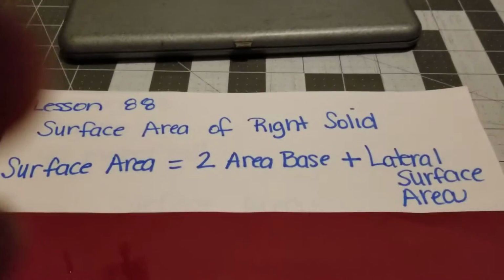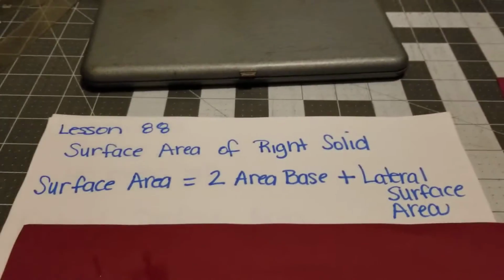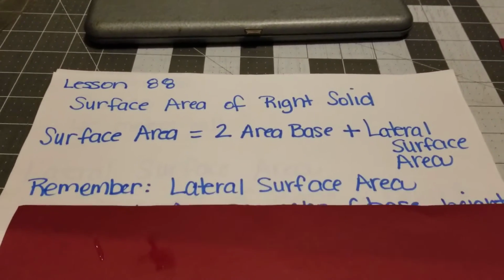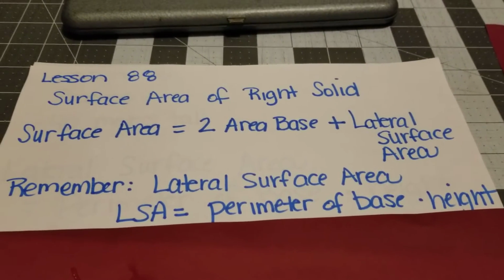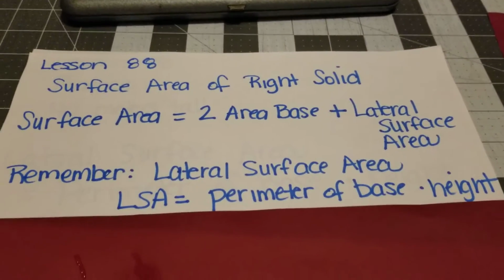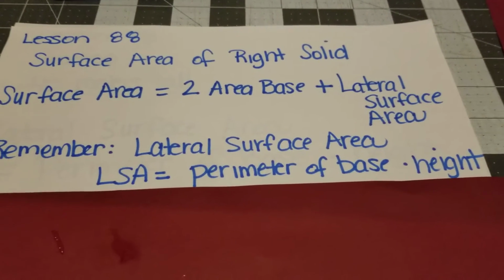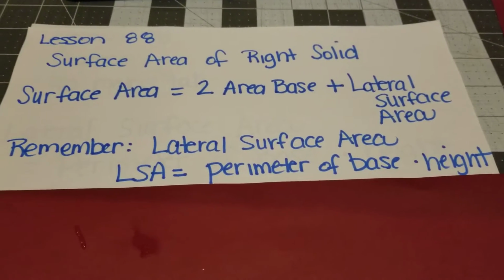So we have talked about this before, but what's different now is that we're going to learn a new formula for the lateral surface area. So the lateral surface area, remember that's the amount around the outside, and here's how you find it. The lateral surface area is equal to the perimeter of the base times the height. Perimeter of the base times the height.